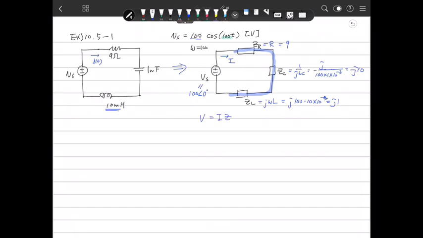Therefore, I is V over Z. Then that is 100 at 0 degrees over Z. And where's Z? Because this is connected in series, Z is ZR plus ZC plus ZL. So here we need to calculate ZR plus ZC plus ZL. ZR is 9, ZC is minus j10, ZL is plus j1. There will be 9 minus j9.